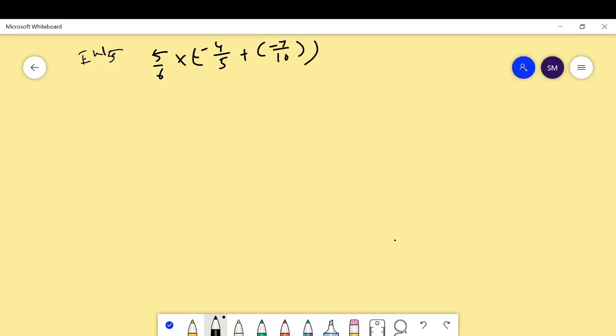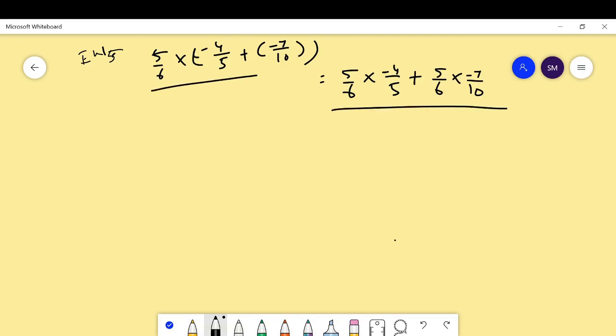Then by applying the distributive property we get 5 upon 6 into minus 4 upon 5 plus 5 upon 6 into minus 7 upon 10. Then take LHS and RHS, solve both, and we must get the same answer. Then we can say that the distributive property is satisfied here. Take LHS: 5 upon 6 into minus 4 upon 5 minus 7 upon 10.